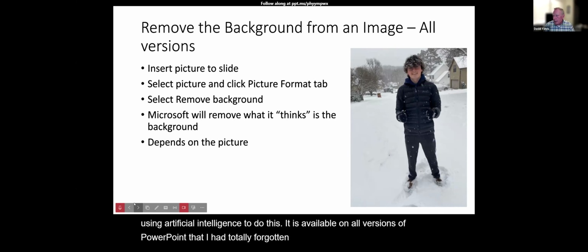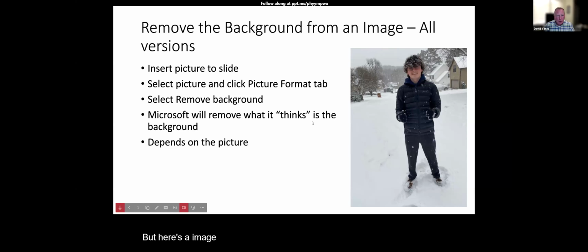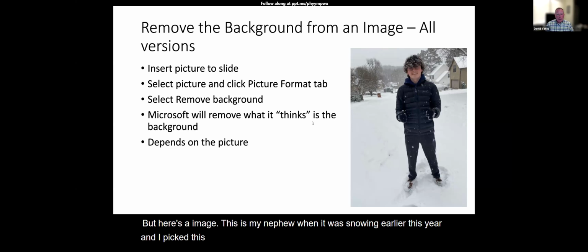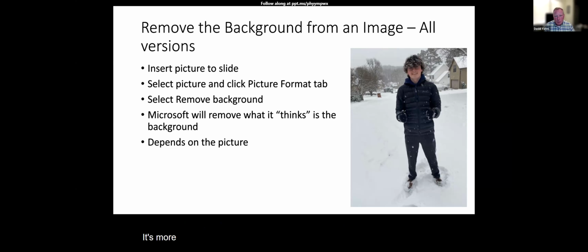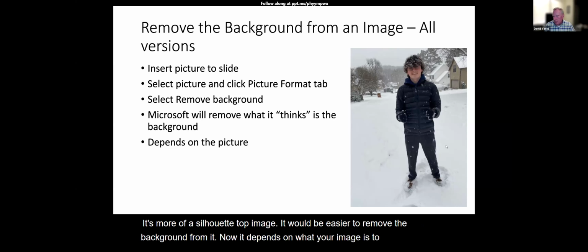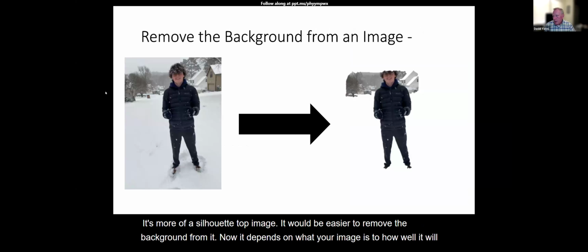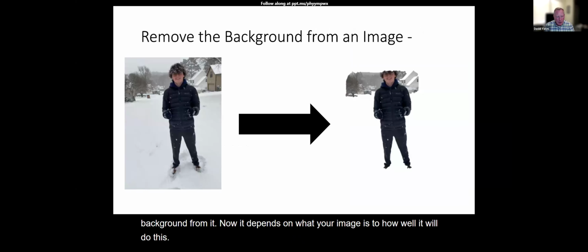But here's an image. This is my nephew when it was snowing earlier this year. And I picked this thinking that, okay, it's more of a silhouette type image. It would be easier to remove the background from it. Now, it depends on what your image is as to how well it will do this. But when I came in, I selected the image.